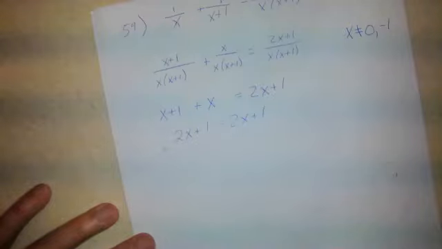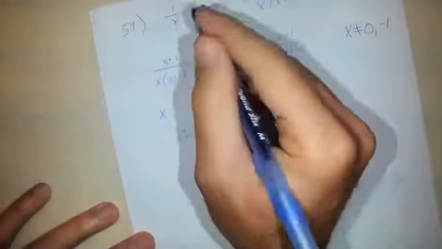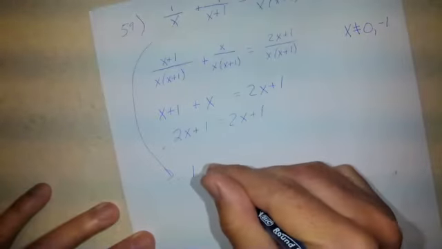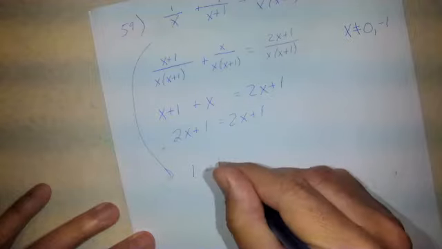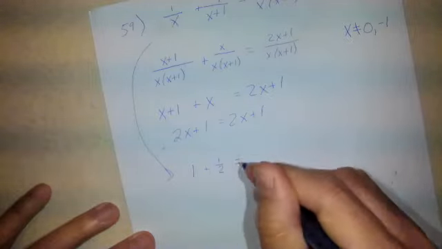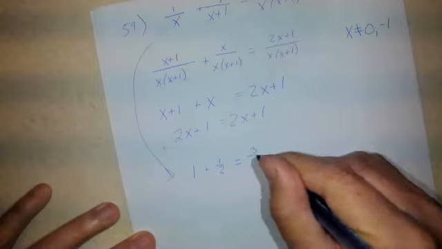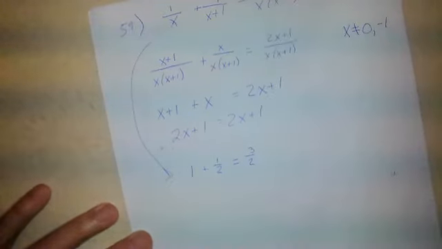For the fun of it, let's just plug in a number which isn't 0 or negative 1. 1 is always nice and easy. And I would get 1 over 1, which is 1, plus 1 over 1 plus 1, so plus 1/2, equals, and here I would get 3 over 1 times 2, 3/2. 1 plus 1/2 does equal 3/2.